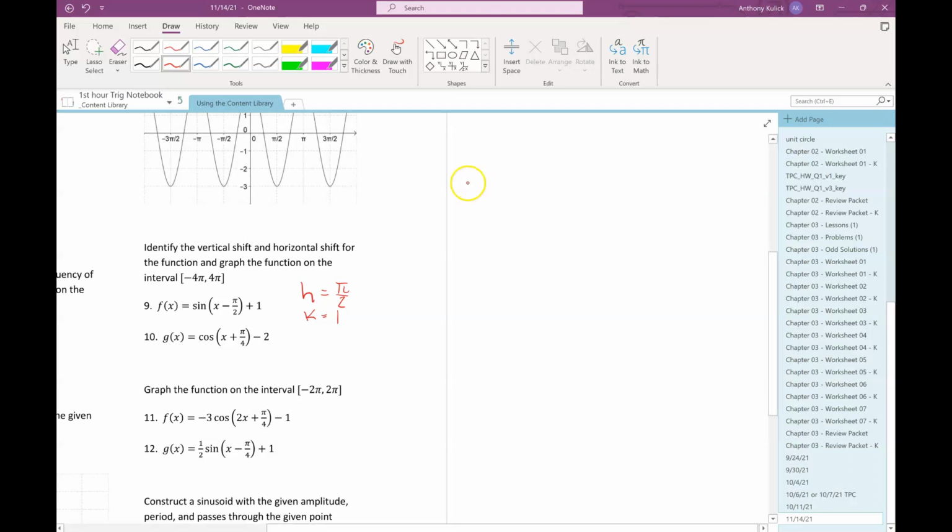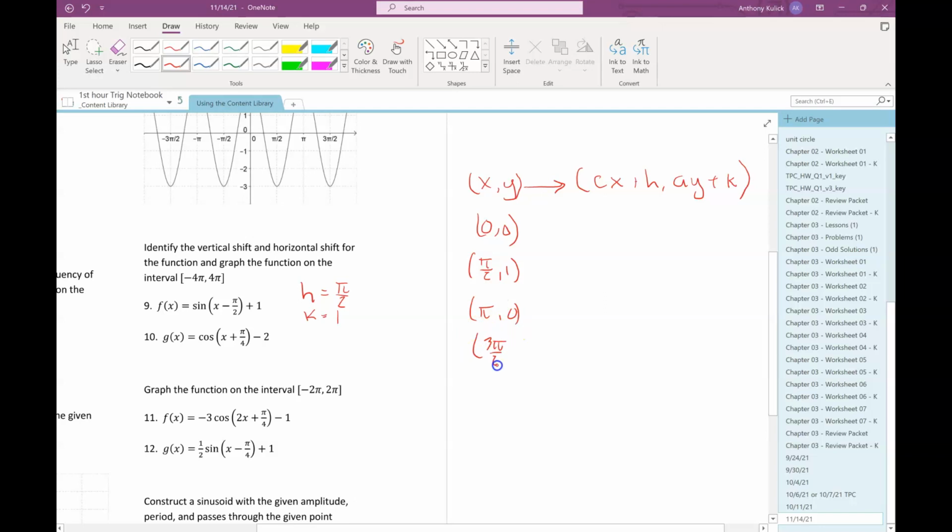So to graph something, I'm going to first start by writing my transformation map. And then I'd go to my notes and retrieve the key points for sine, since this is a sine function. Now I have these things memorized. That's not an expectation for you to have these things memorized.